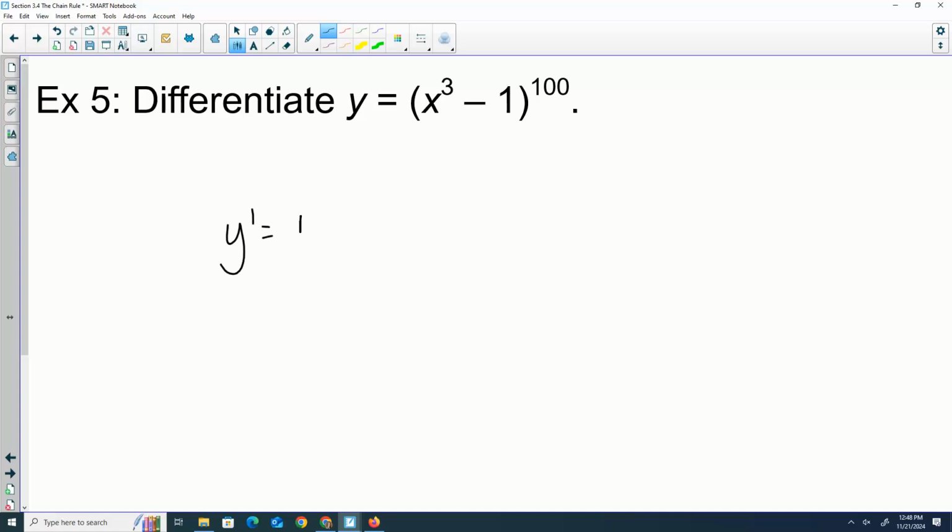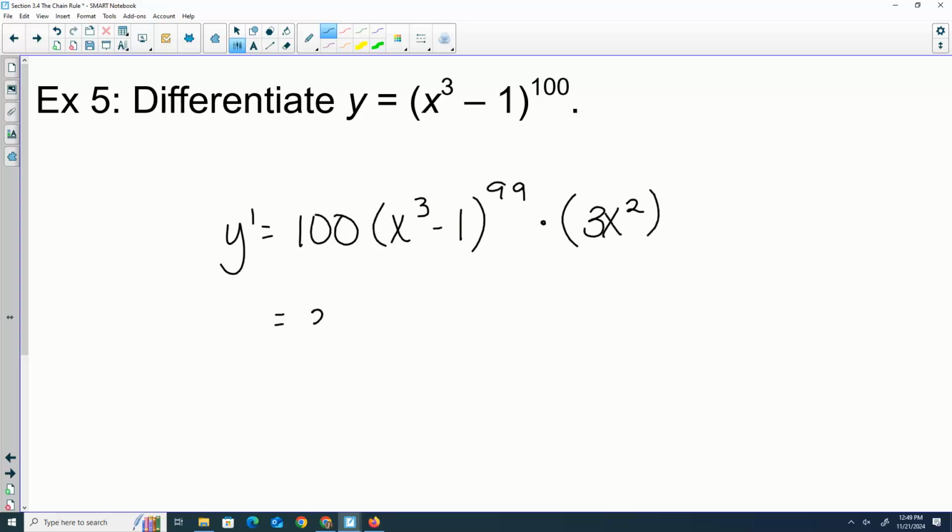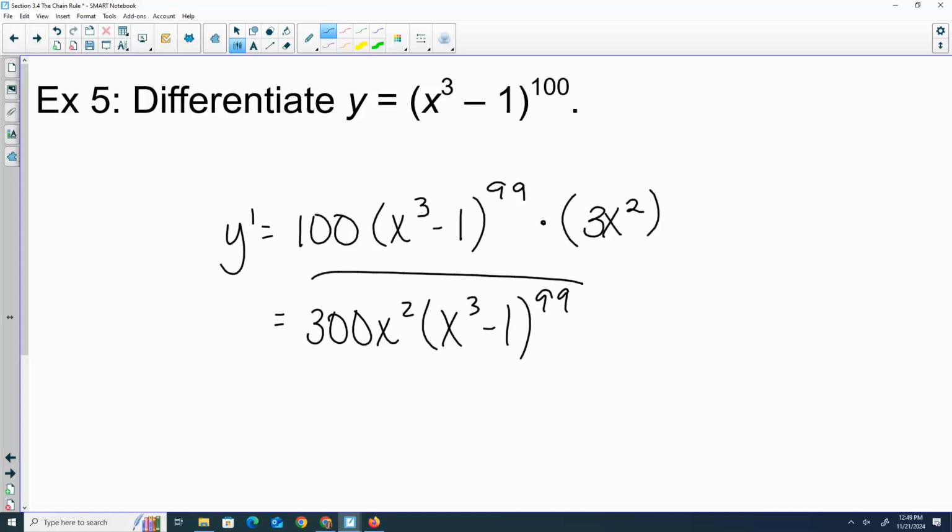We get 100 times x cubed minus 1 to the 99. 99 times what? So we could turn that into 300x squared times x cubed minus 1 to the 99. Okay. All right, is that one good?